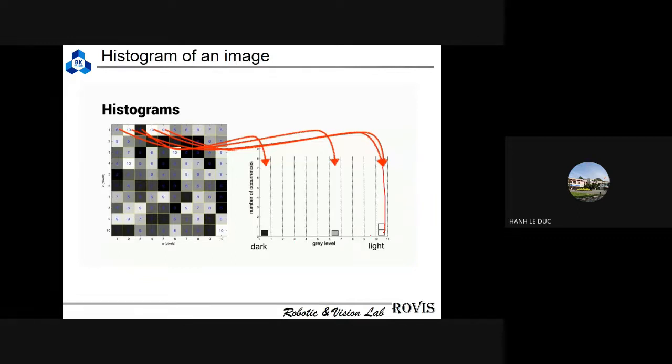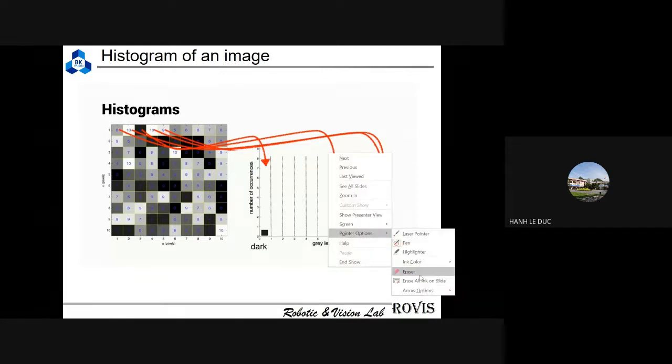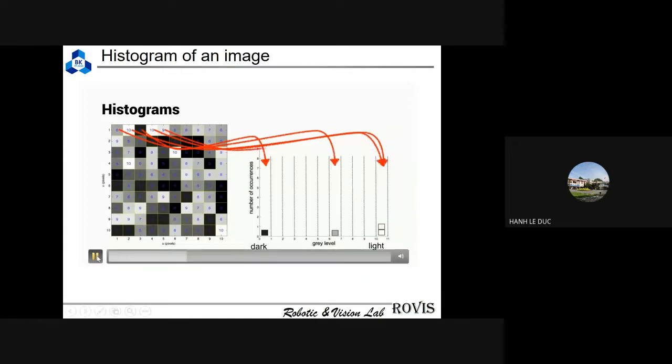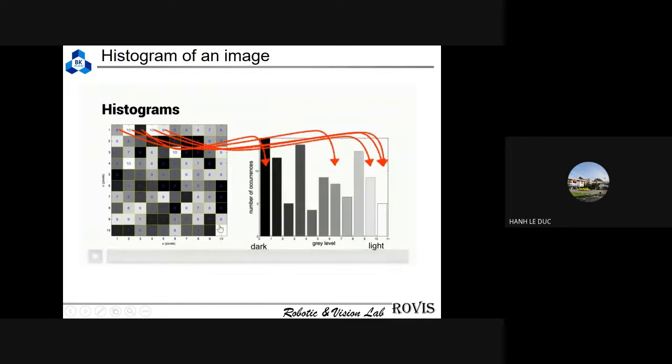And how many number 9, put it here, number 8, put it here. So this is the histogram. After you count the numbers, you will have the histogram.